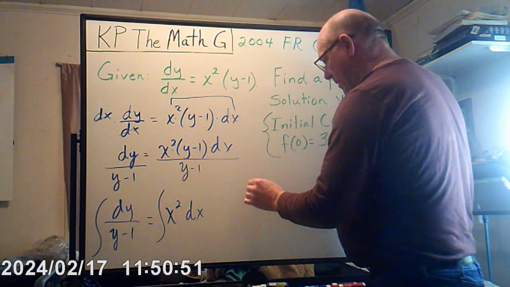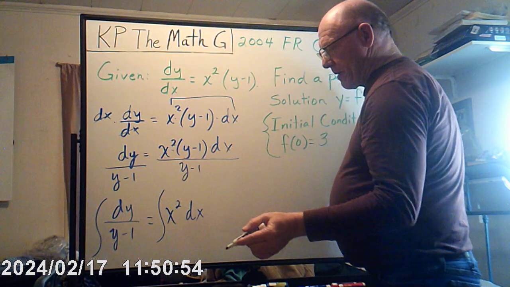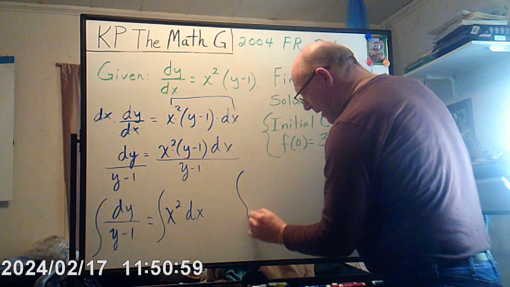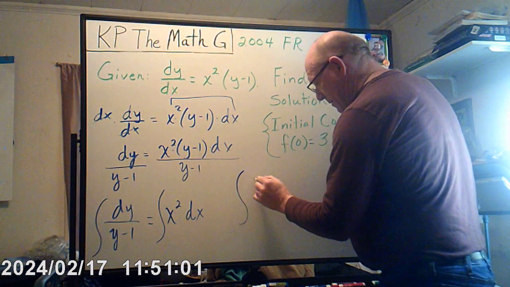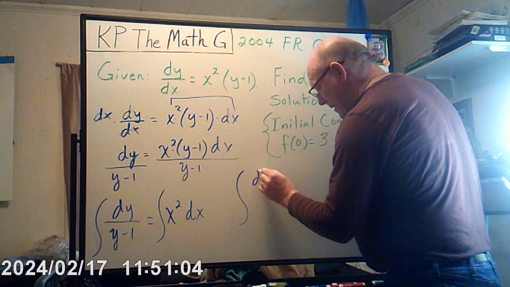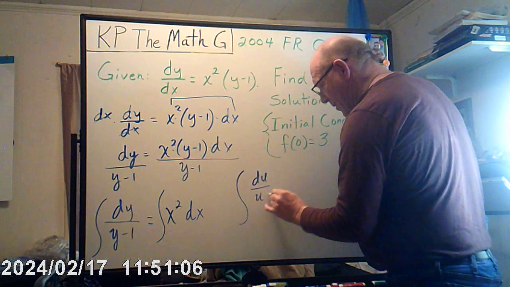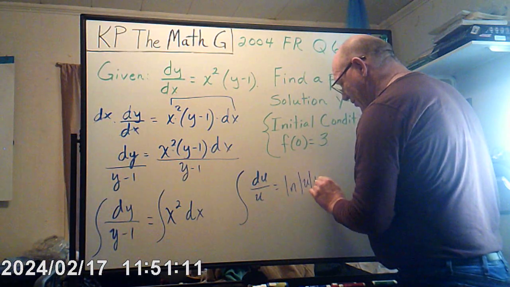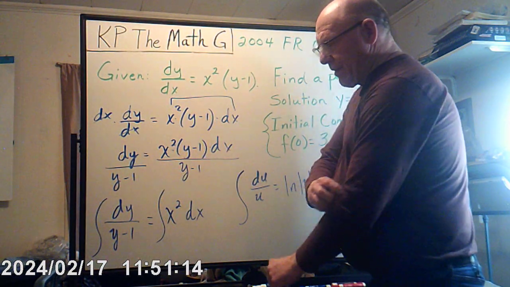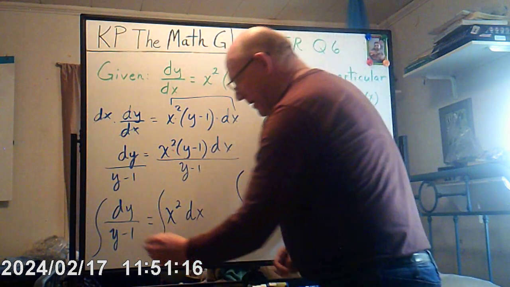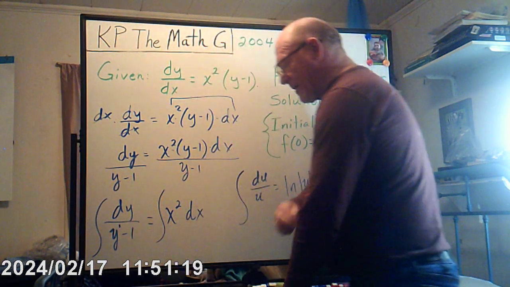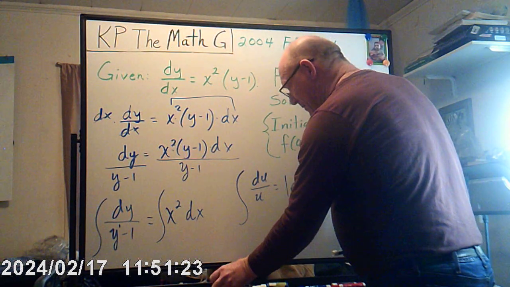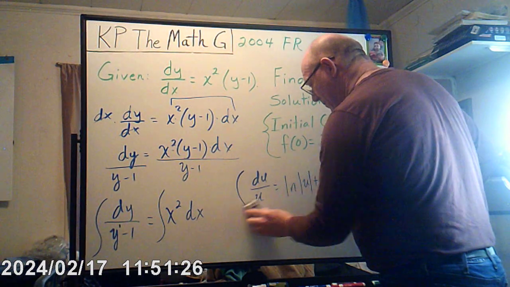Now remember, there is an integration like du over u, that is ln of u plus c. If you have an exponent of 1, you can simply do that, and we can let u be y minus 1.